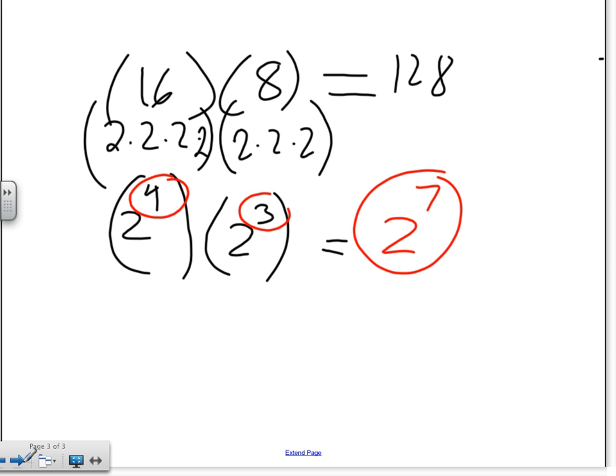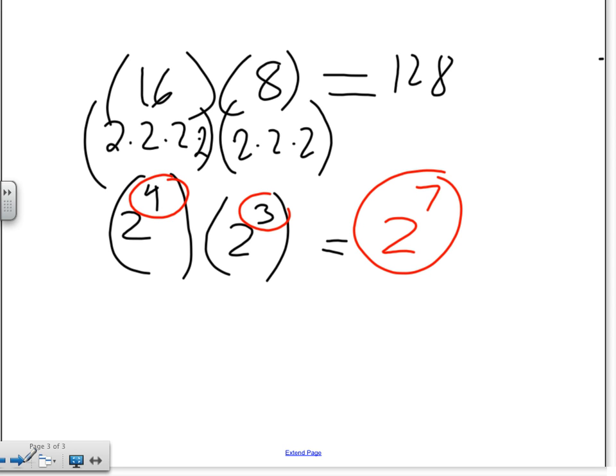So basic addition. I have 4 of the 2 blocks, and I have 3 of the 2 blocks. I put them together, I have a total of 7 of the 2 blocks, right? It's the same kind of deal. So this is just cleaning up work that we have to do, to make it simpler.